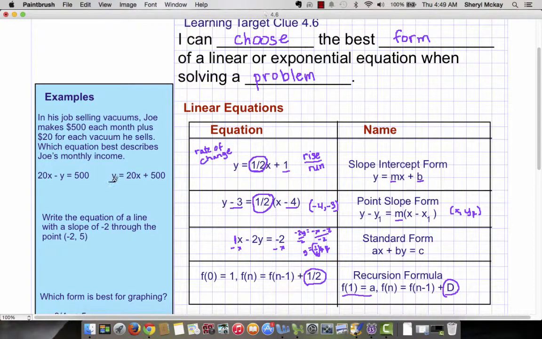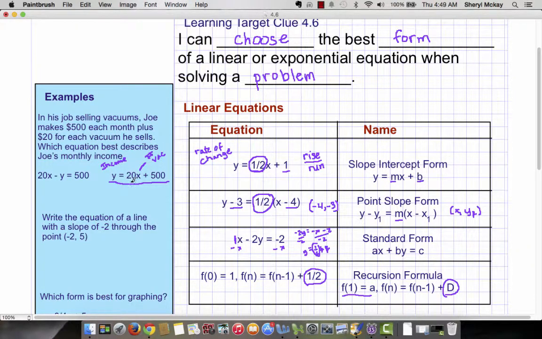Well, it's this one, isn't it? Because y is the total amount, his income, and x is the number of vacuums, okay?